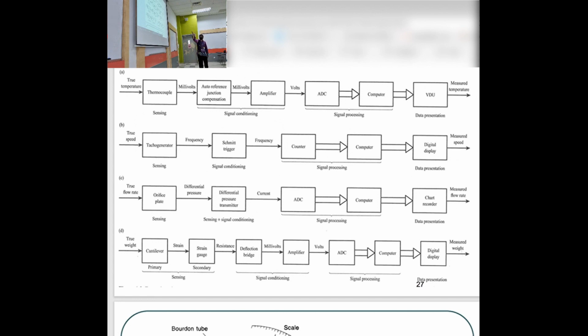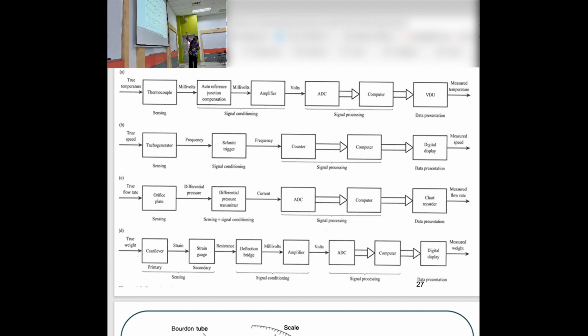Some people put analog to digital conversion in processing, some people put it in conditioning. It depends on the system. But for this one, it puts the analog to digital converter in the signal processing part, with the computer, and a visual display unit as the presentation. So all these things are put in the same functional blocks.